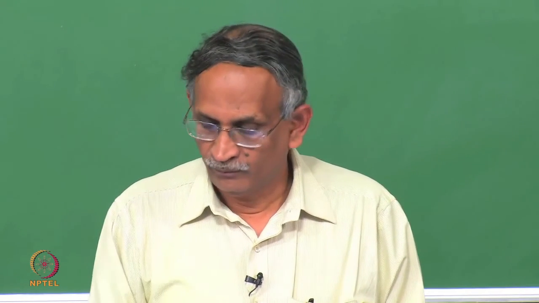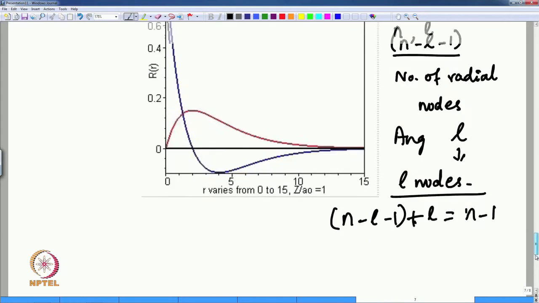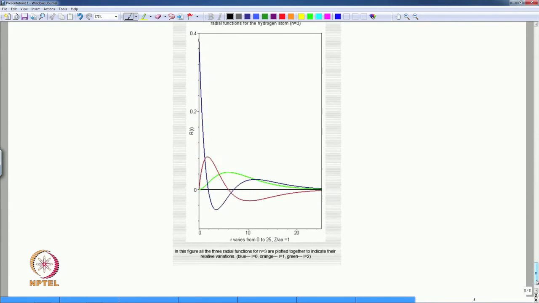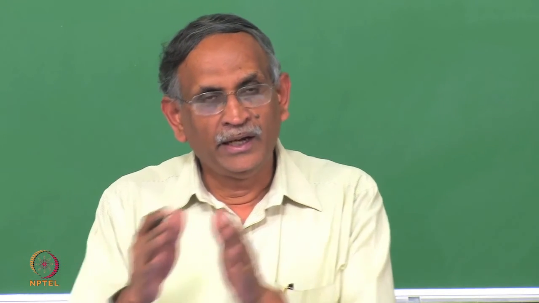Bohr radius. And the same thing happens for n equal to 3, the maximum is even shifted further, and there are two nodes.